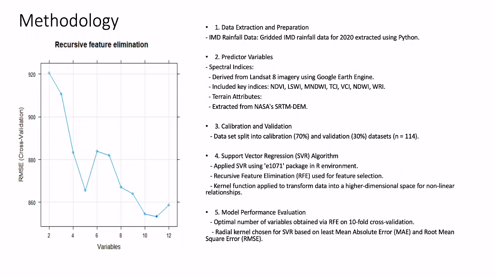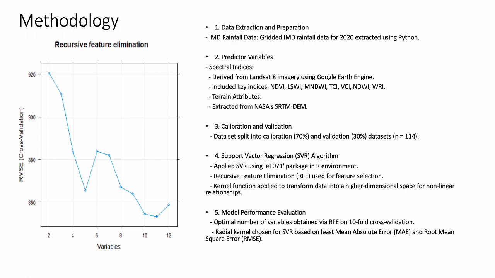After that we split the data into a 70-30 ratio, that is 70% of the data was kept for calibration and 30% for validation. Calibration means the data on which we train the model, and validation means the data on which we test the model.